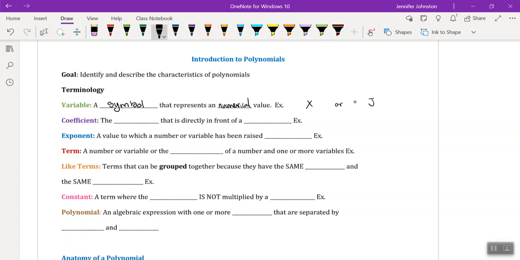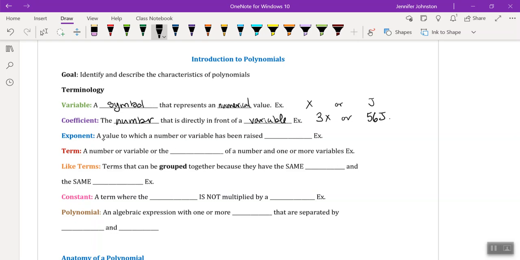Those are all considered variables. A coefficient is the number that is directly in front of a variable. For instance, we can have 3x, or let's keep with the J, 56J. Sure, 56 would be considered the coefficient. Same with 3 is the coefficient.